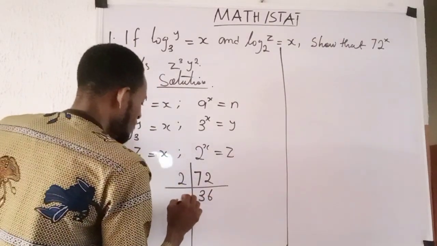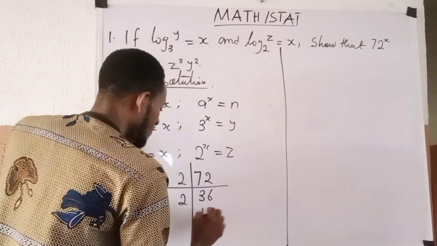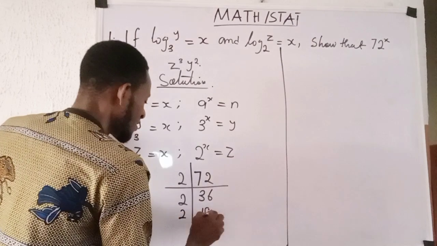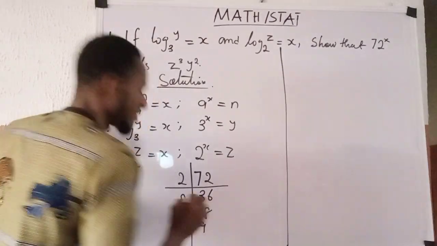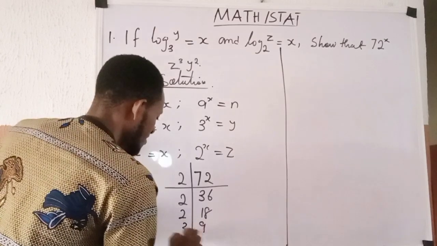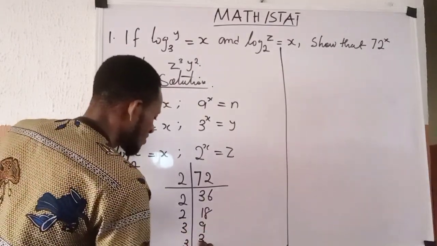Can 2 go again? Yes. So we have 2. 36 divided by 2 is 18. So I have 18. Can 2 go again? Yes. 2 here. 18 divided by 2 is 9. 2 can't go again, but 3 can go. So we have 3 here. 9 divided by 3 is 3. So 3 here is 1.